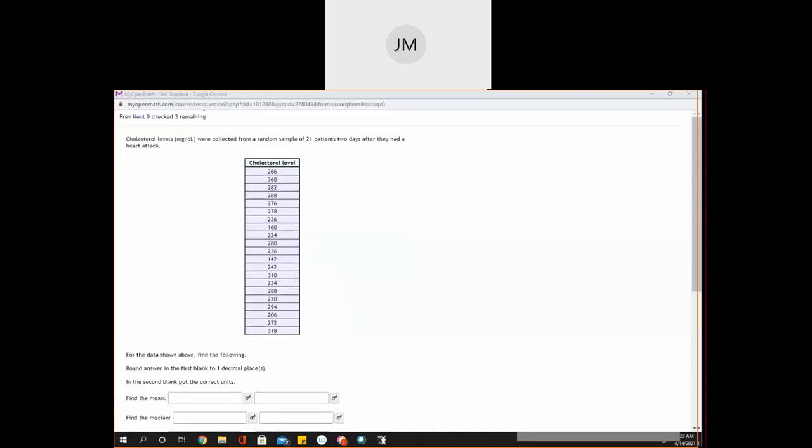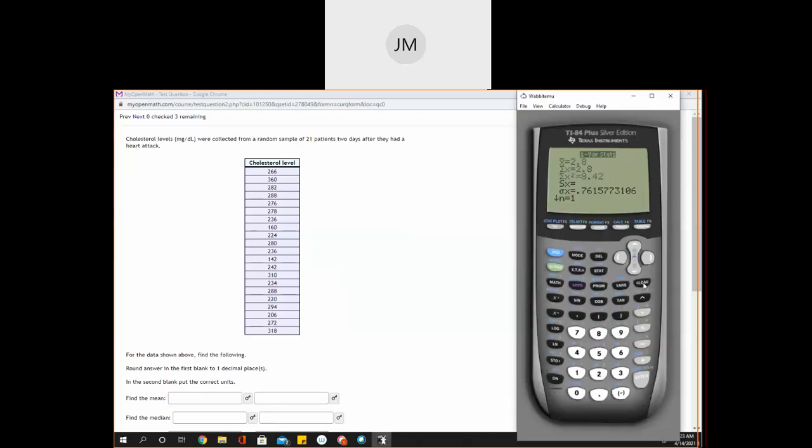So first, what I'm going to do is enter all of that data into my calculator. I'm going to clear out anything that I had from before, and enter those values in. Okay, so I got my 21 values in there.